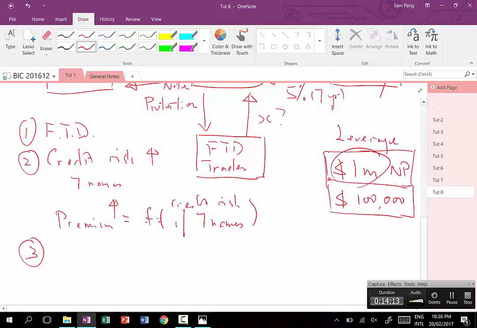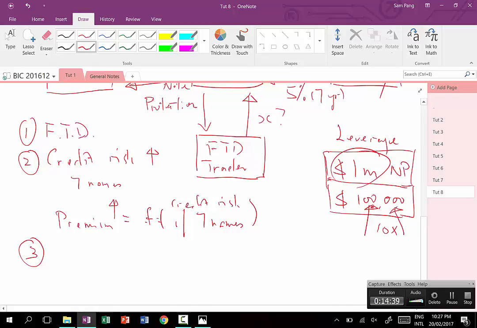So if you commit $100,000 of your own capital, and then you engage in margin trading, and you pump it up and you buy stocks which are worth $1 million, in theory your maximum loss is going to be 10 times the capital you commit.